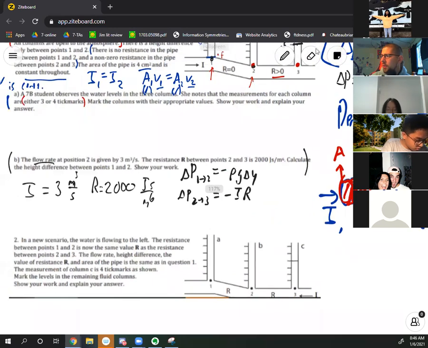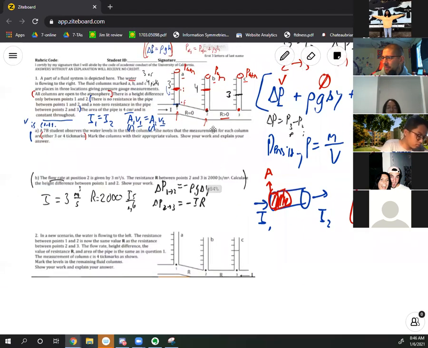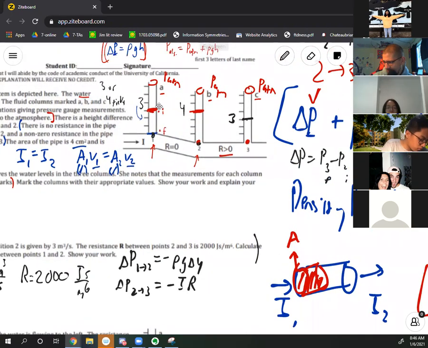So one other little handy trick that we can use is if I look at the tick marks, I notice that the difference in pressure between point 1 and point 2 is the same magnitude as the difference in pressure between point 2 and point 3. How do I know that? I know it because for these two gauges between 1 and 2, I have a 1 tick difference.